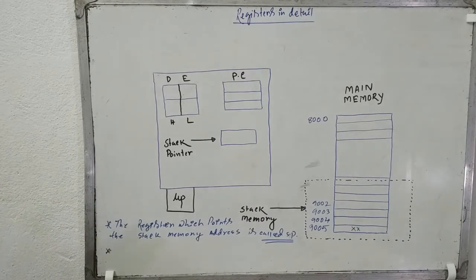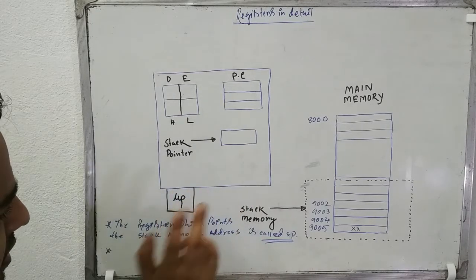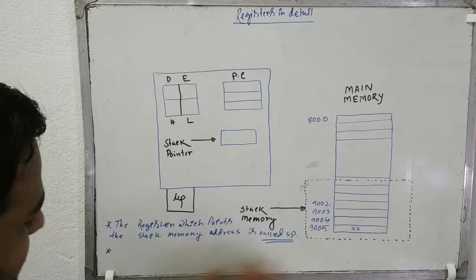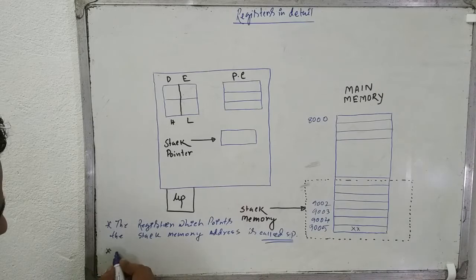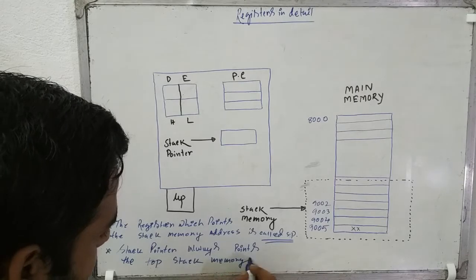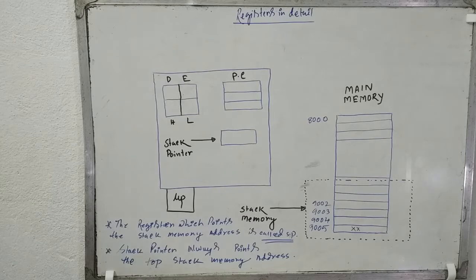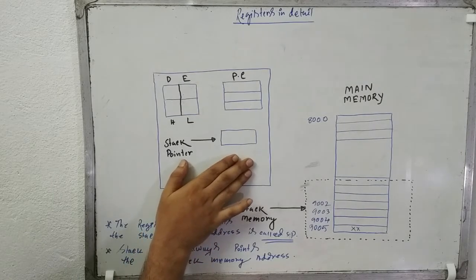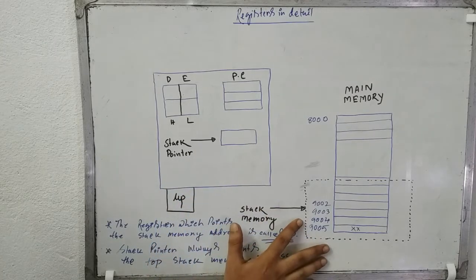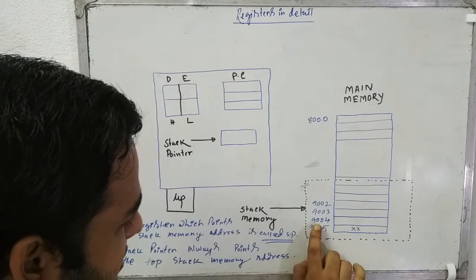Another important thing about the stack pointer: the stack pointer always points to the highest, the top stack memory address. Now see over here, this is the top stack memory address. Here the top stack memory address is 9004.